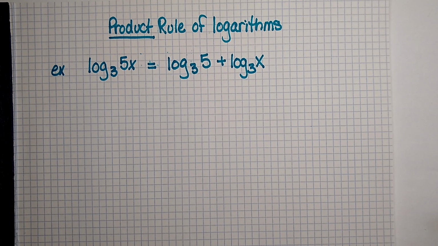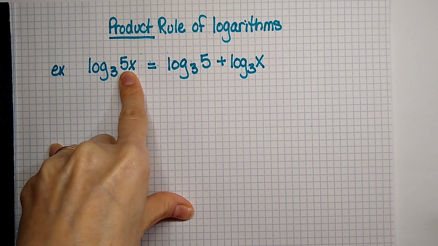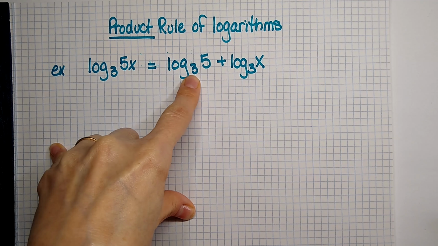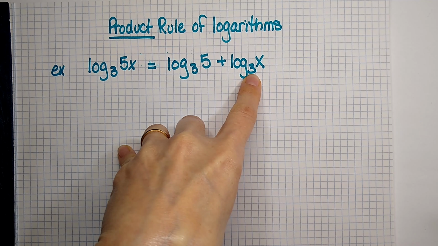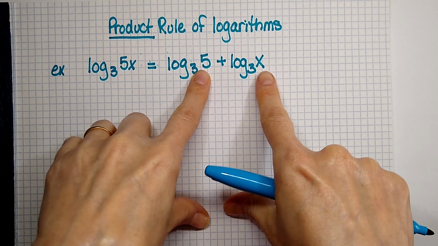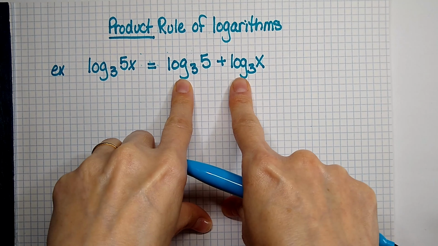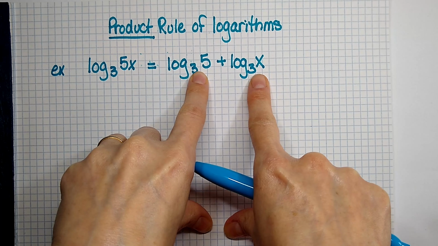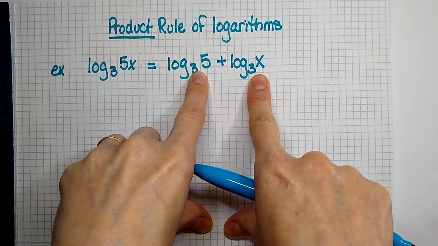And that's essentially all we're doing today, okay? We are just learning to expand these out, separate them when we have a product in our log. Now notice that my base stays the same, but I have separated this into the sum of 2 logs. I have the log of the first number plus the log of the second number, okay?